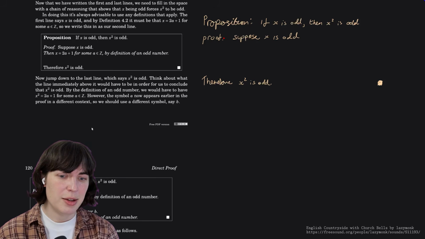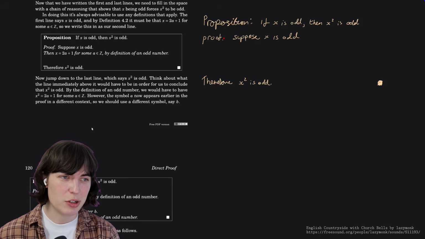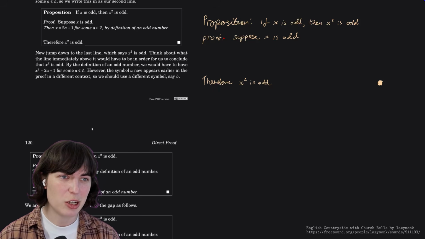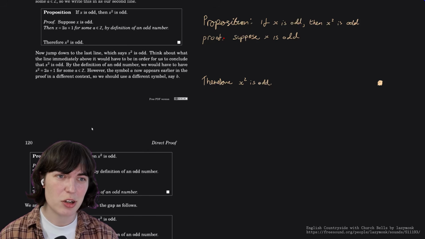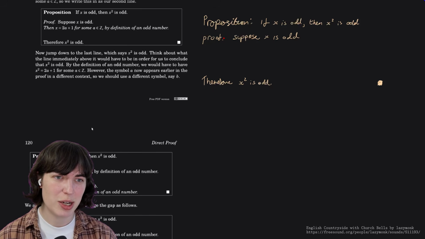Right. Now jump down to the last line, which says x squared is odd. Think about what the line immediately above it would have to be in order for us to conclude that x squared is odd. By the definition of an odd number, we would have to have x squared equals 2a plus 1 for some a in the integers.